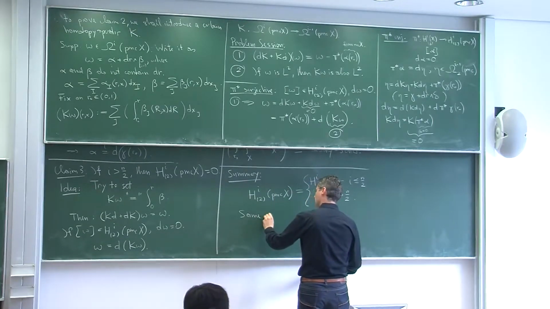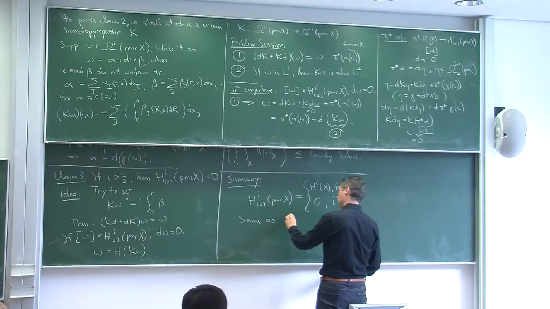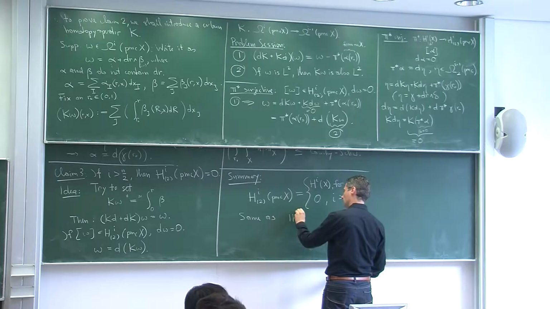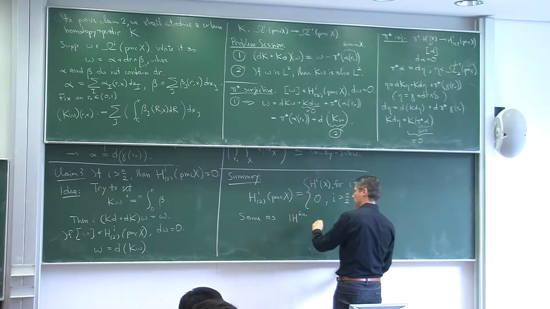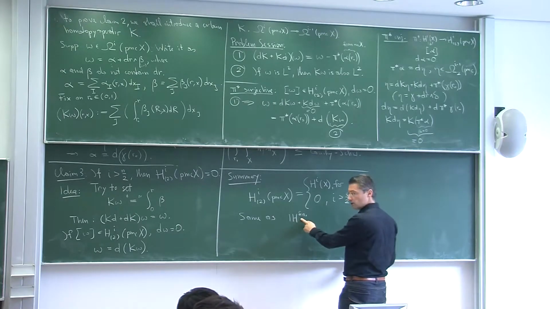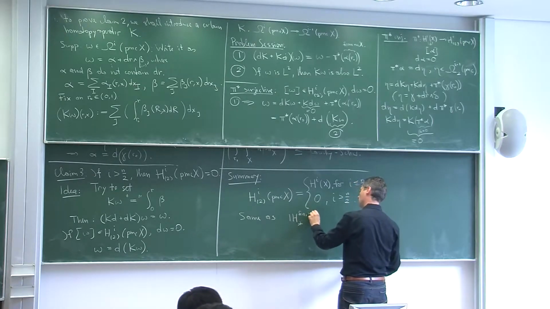Now you should compare this to the calculation that I made yesterday for the intersection homology. Well, I did it in detail for infinite chains. You want to compare this to intersection homology with finite chains with respect to a middle perversity.